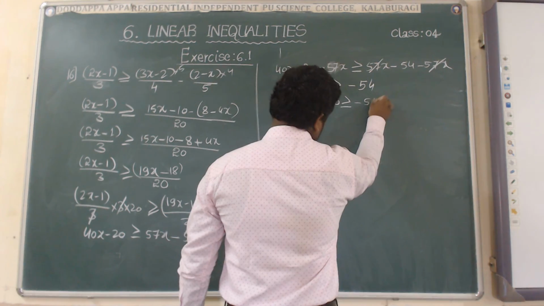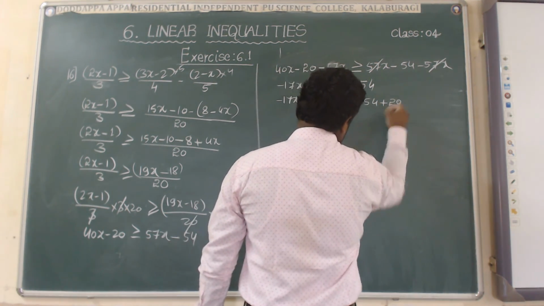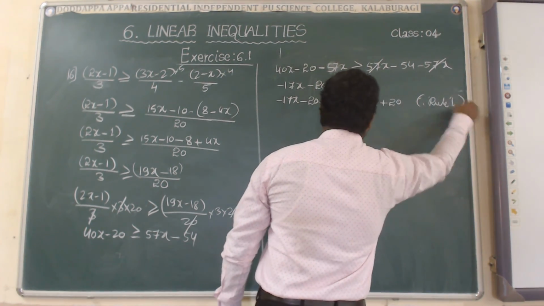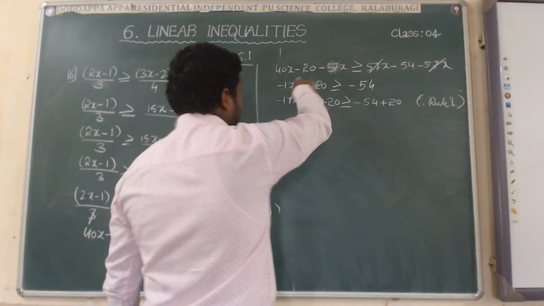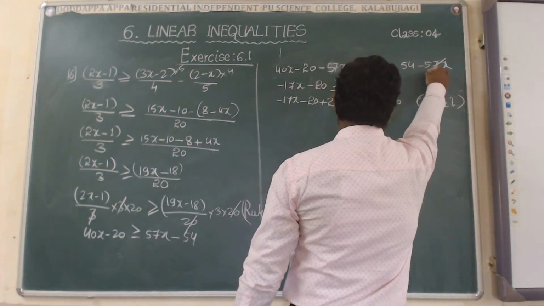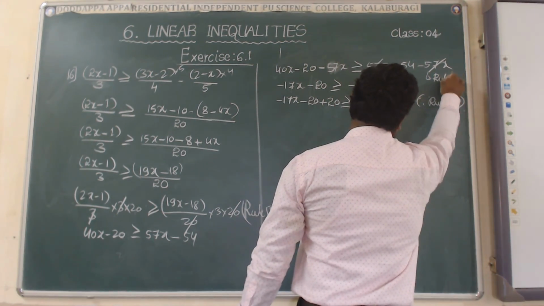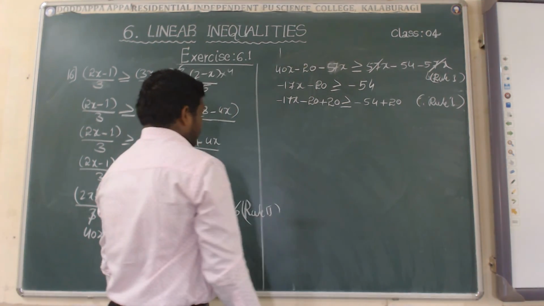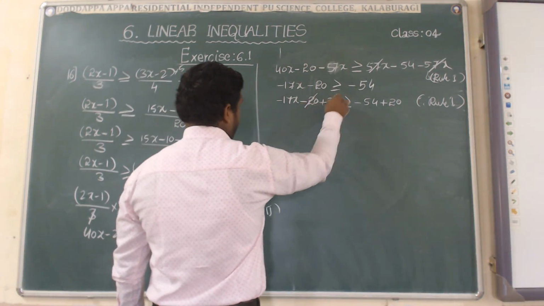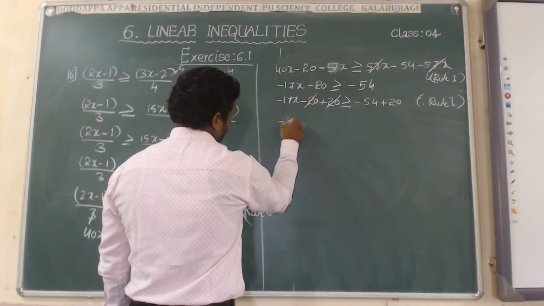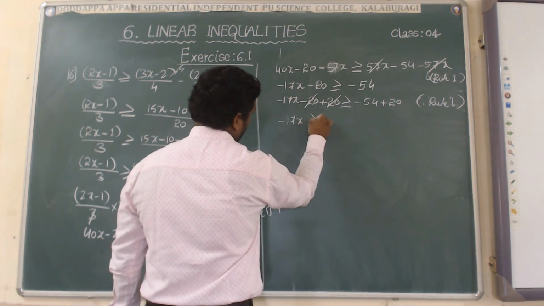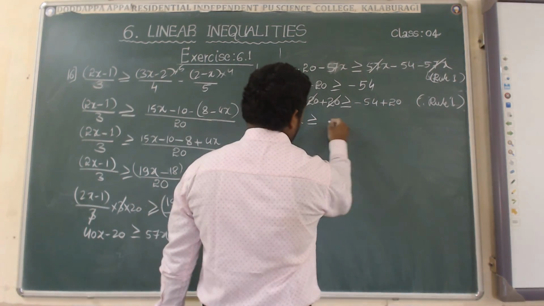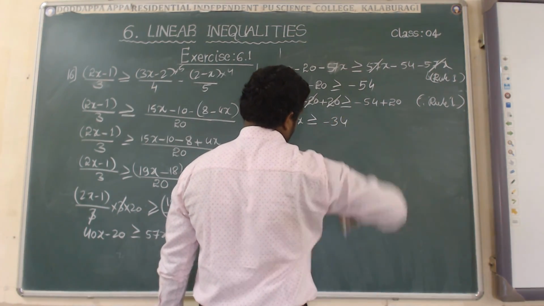Minus 54 plus 20, by using the first rule. See here, this minus 20 and plus 20 becomes 0. So minus 17x is left only, and the sign will not reverse here. And simplify this one, you will be getting minus 34.